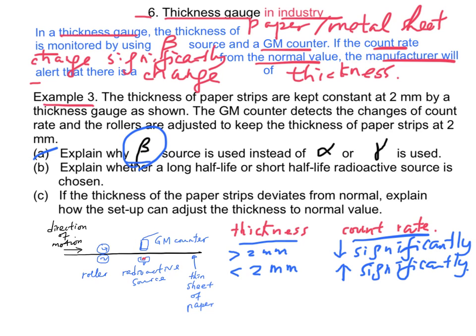Alpha source cannot be used because alpha particles cannot pass through the paper.